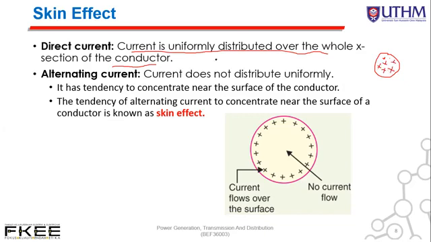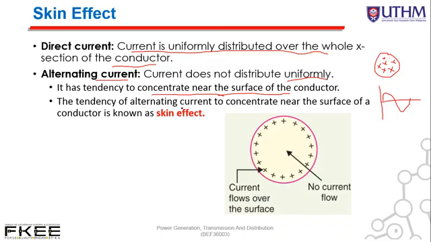But in the case of alternating current, AC, the current does not distribute uniformly. It distributes near the surface of the conductor. It has a tendency to concentrate near the surface because of the alternating characteristic of the current.